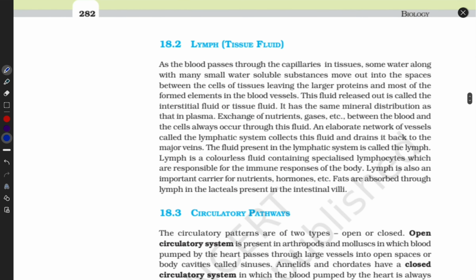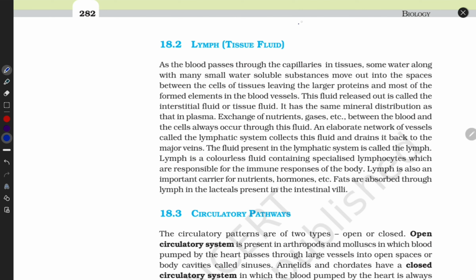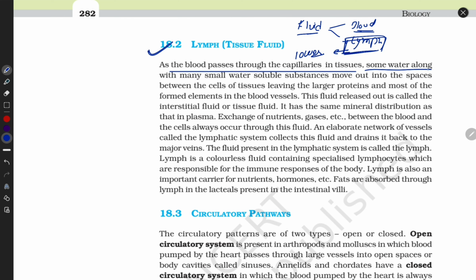Now, what is lymph? I told you before, there are two types of fluid, blood as well as lymph. Blood is present in higher vertebrates and higher invertebrates, and lymph is another fluid which is also present in our body. It is mostly present in lower invertebrates. So our next topic is lymph. As the blood passes through the capillaries in tissue, some water along with small water-soluble substances moves out into the space between the cells or tissue, leaving the larger proteins and most of the formed elements in the blood vessel.